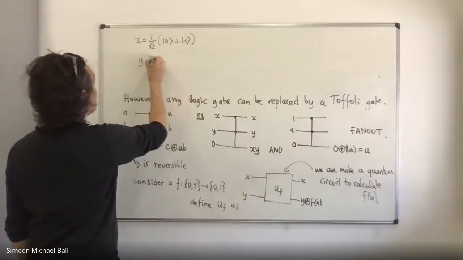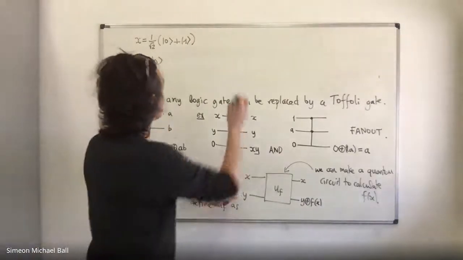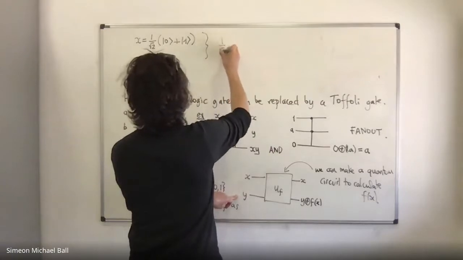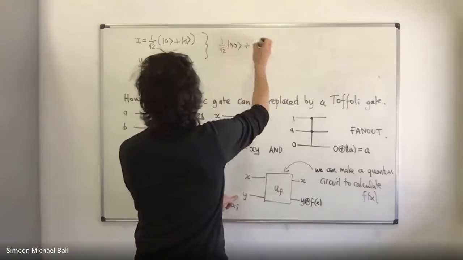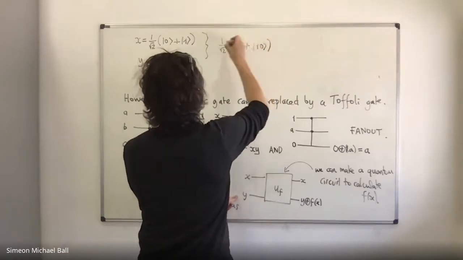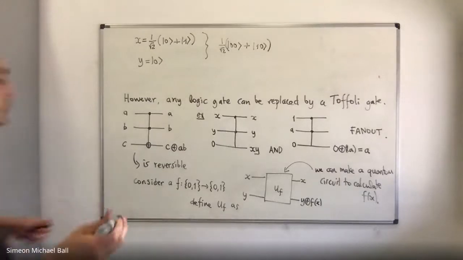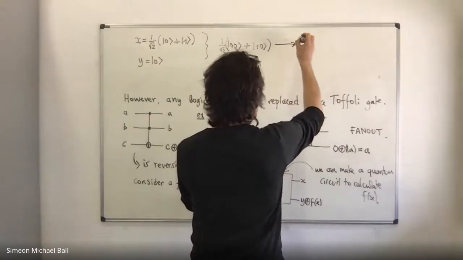and y is equal to 0? So we start off with 1 over root 2, (|0> + |1>), and 0. And we stick it in here, and this goes through the UF.